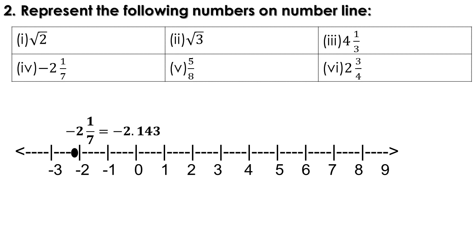It will be a little more negative than minus 2, but less negative than minus 3 on the number line. 5 divided by 8 equals 0.625. It will be a little more than 0, but less than 1 on the number line. 2 3/4 equals 2.75. It will be a little more than 2.5, but less than 3 on the number line.